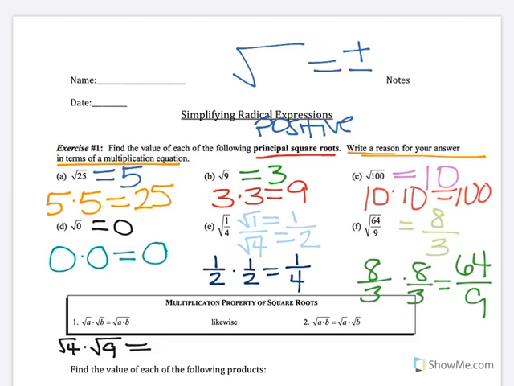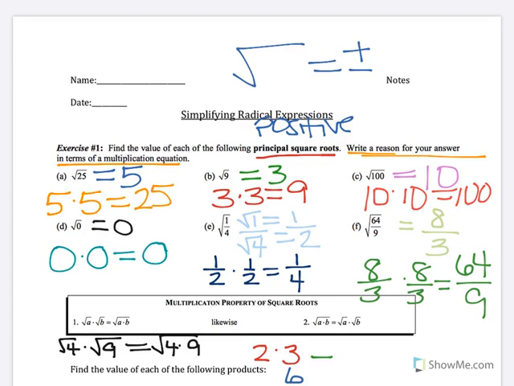That should equal the square root of 4 times 9. Now let's see if it does. The square root of 4 is, I'm going to write it over here because I'm running out of room, 2. The square root of 9 is 3, and that should give me 6.